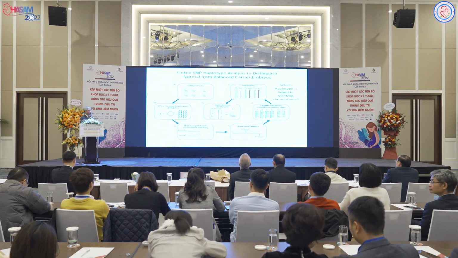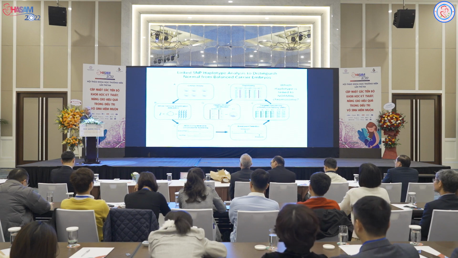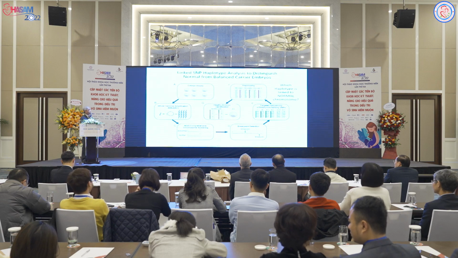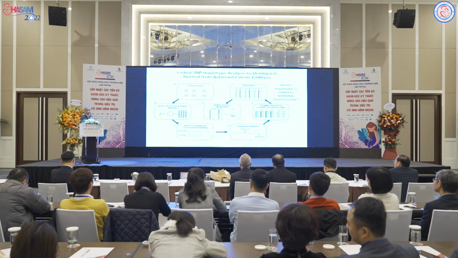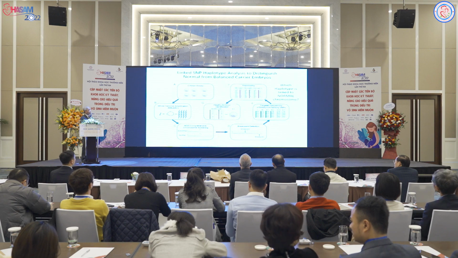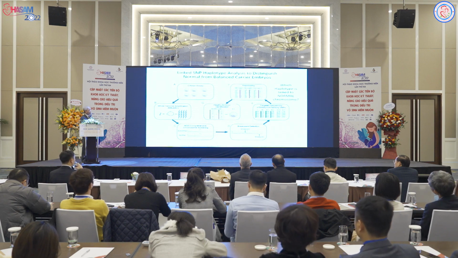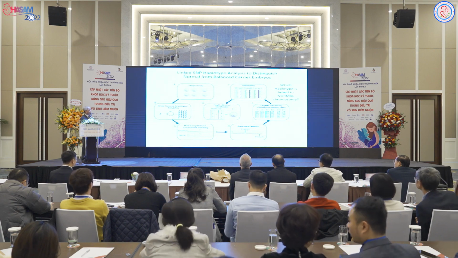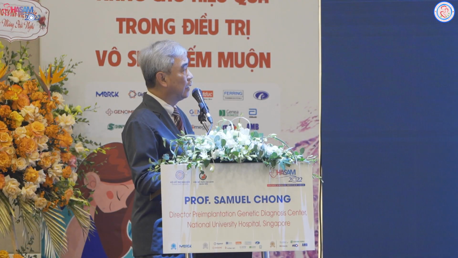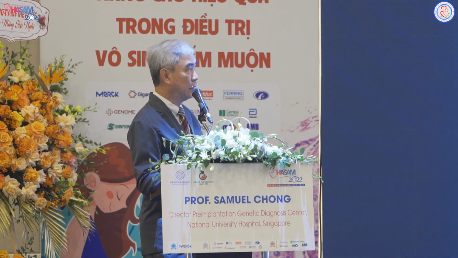You can identify the breakpoints to within 200 kb, kilobases, of the breakpoint. And that now allows you to identify SNPs that are adjacent to the breakpoints, and based on that, to perform haplotyping on these embryos, and then to identify the healthy embryos and which ones are normal and which ones are balanced.